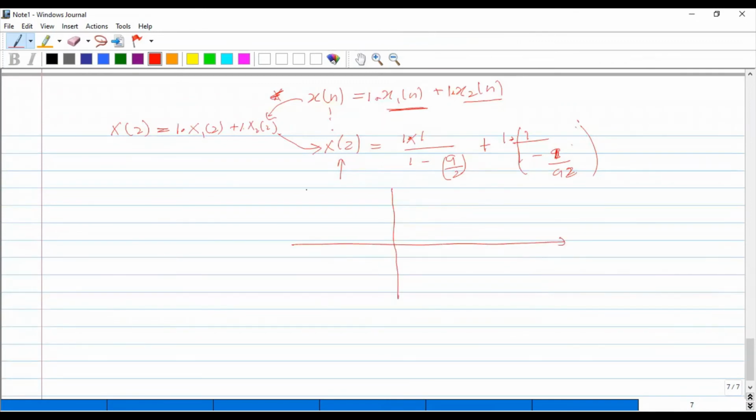For X1(z), the ROC is like this. If this is a, the ROC is greater than this a, all these values. This is X1.